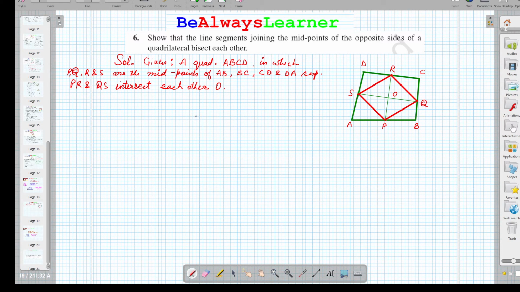Now what you want to prove? We want to prove that OP and OR are equal and OQ and OS are equal.